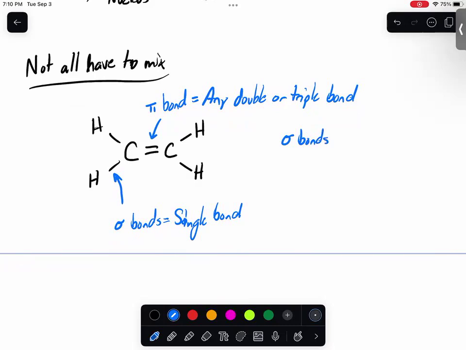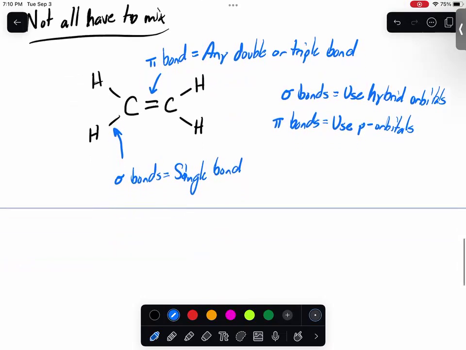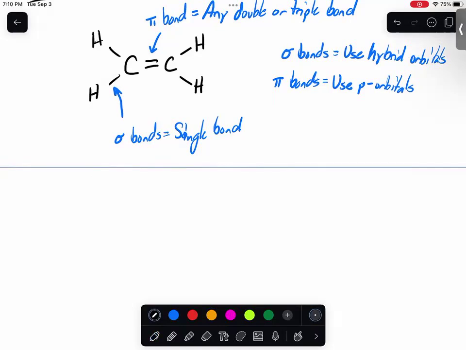But the thing that you need to know about these is that sigma bonds oftentimes use hybrid orbitals, whereas pi bonds use p orbitals. So what that looks like is we got to think of these carbons now in a little bit of a different way.